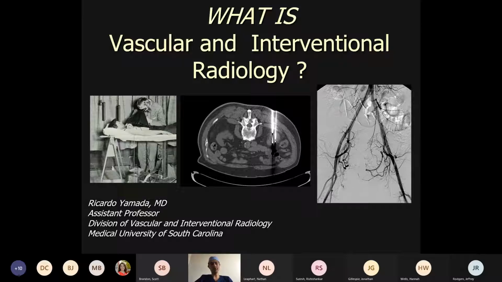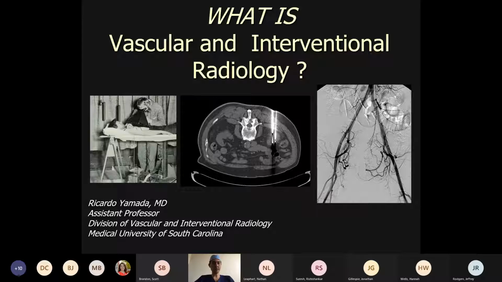I've seen a lot of residents that come to apply for our program here, and the first time that they hear about IR is only towards the end of the third year or fourth year. So it's very nice that we have this vascular interventional radiology interest group that can give you guys a good understanding or early idea of what IR is. So that's the goal here.